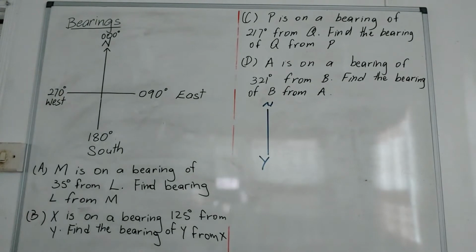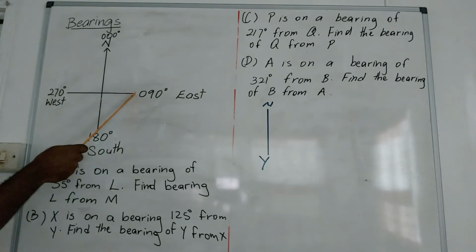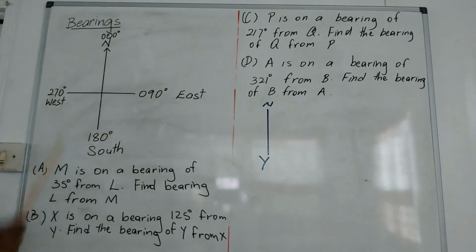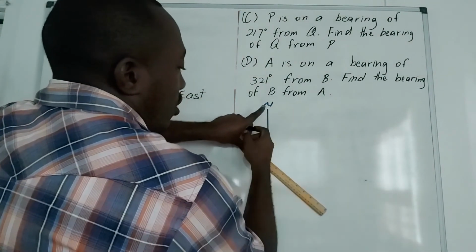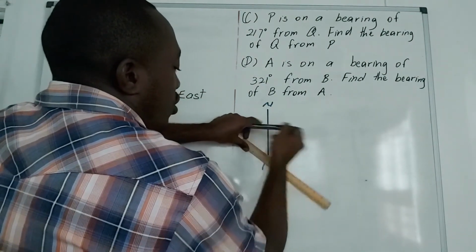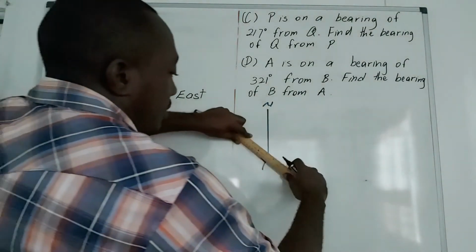And it's on a bearing of 125 degrees. So notice that 125 degrees would be between 90 and 180. So it is somewhere in this quadrant, between 90 and 180 degrees.